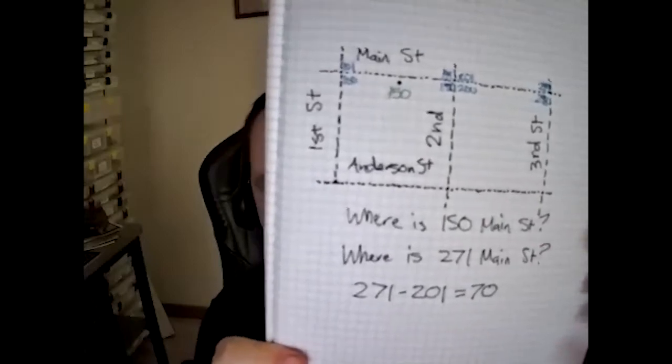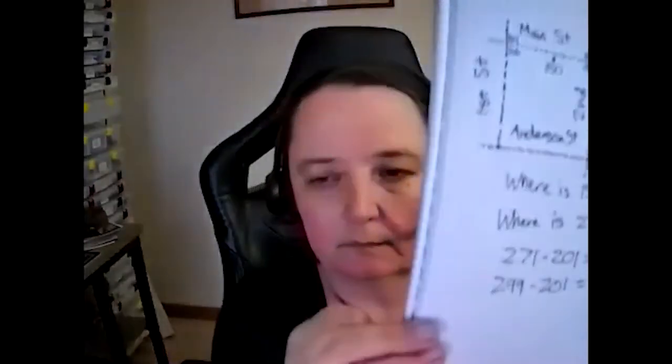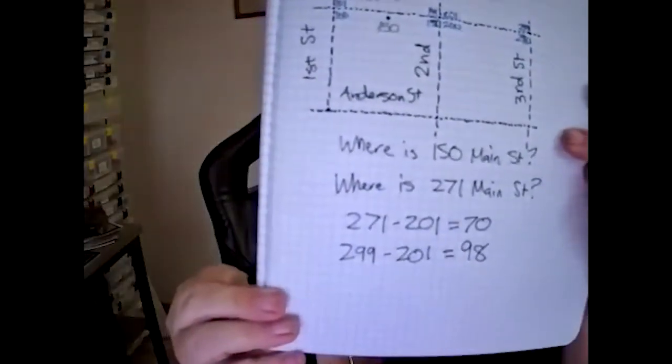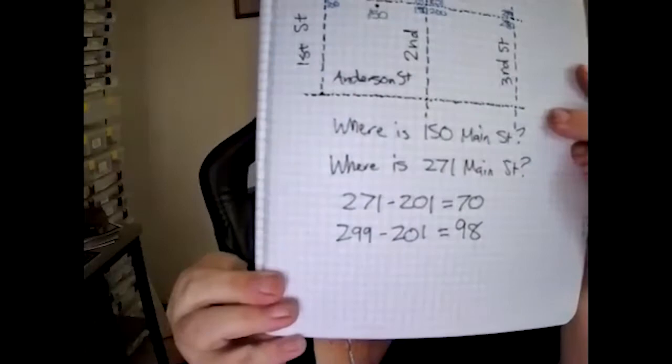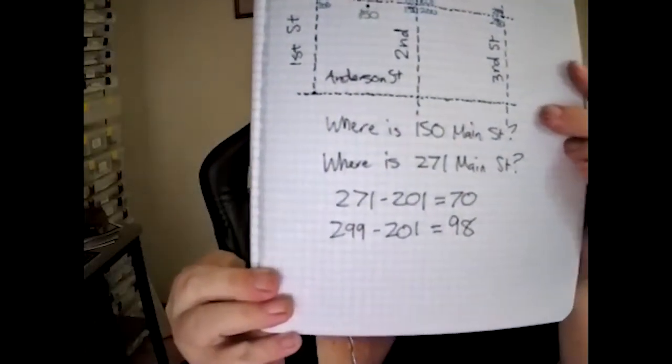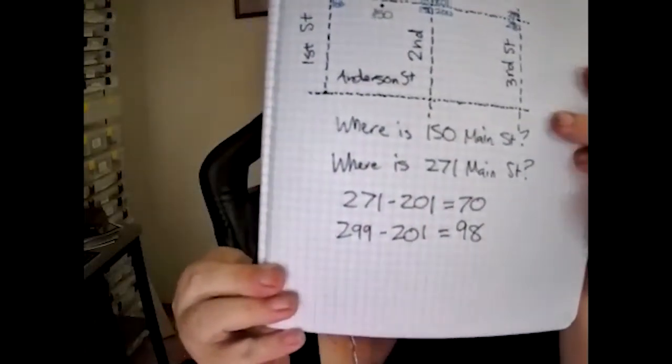Okay. Then we have to think about what's the total distance all along that block between 201 and 299? So we're going to take 299 minus 201 equals 98. And then we're going to get a percentage between those two numbers.